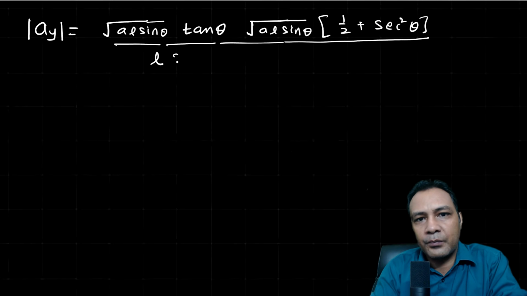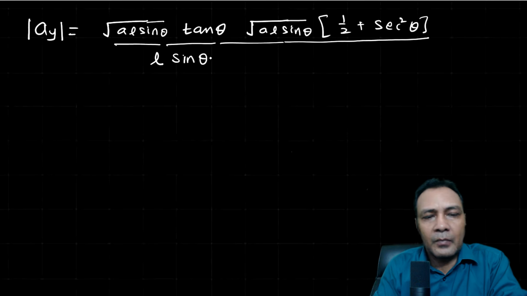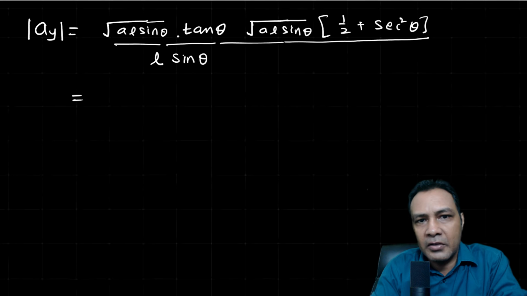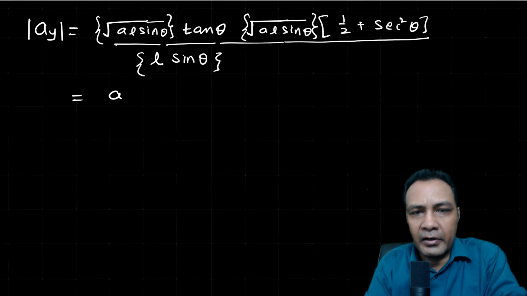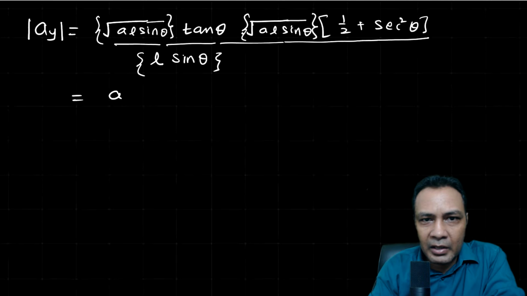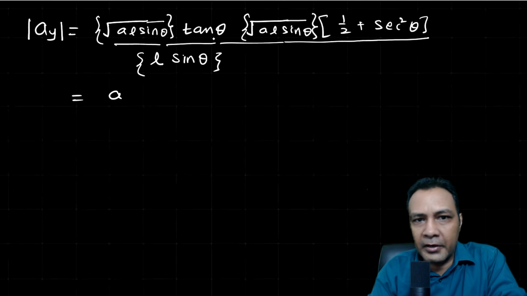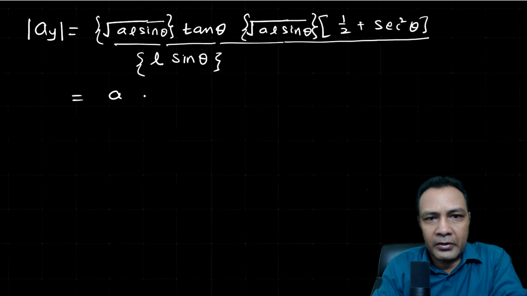So that is L sine theta, and now that is going to be this AL sine theta divided by L sine theta. So this thing and this thing will just become A. That sine theta will get cancelled, and L will get cancelled, and take tan theta inside this bracket.